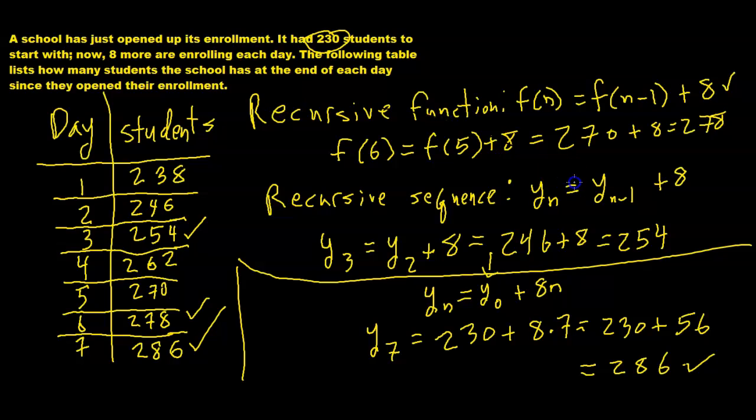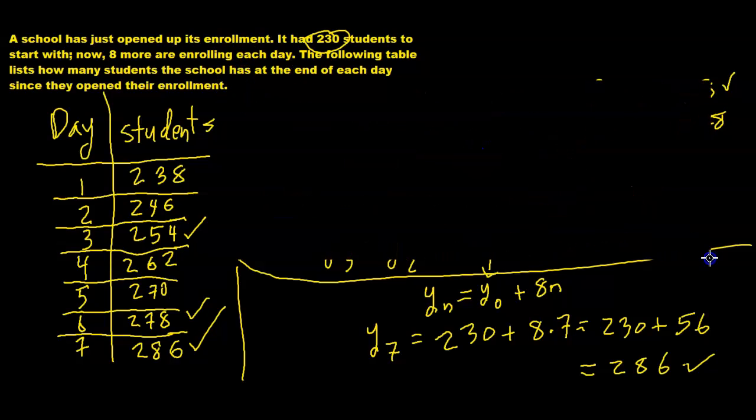Of course, we can also write this function or this sequence non-recursively, in function notation. How would we do that? Well, that's simple. f of n would equal your initial value.